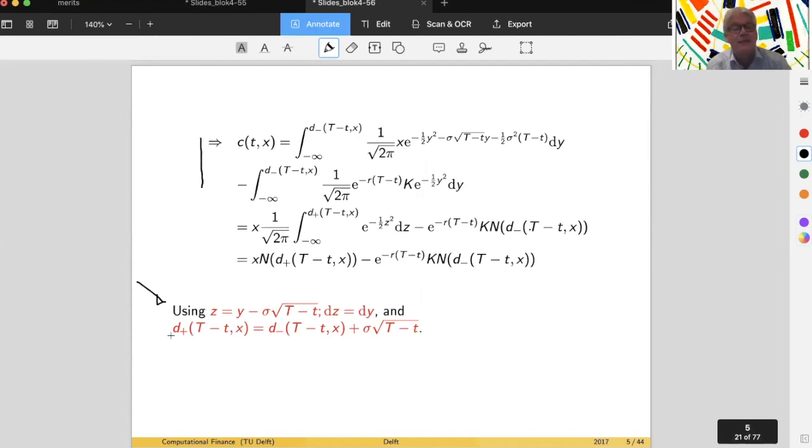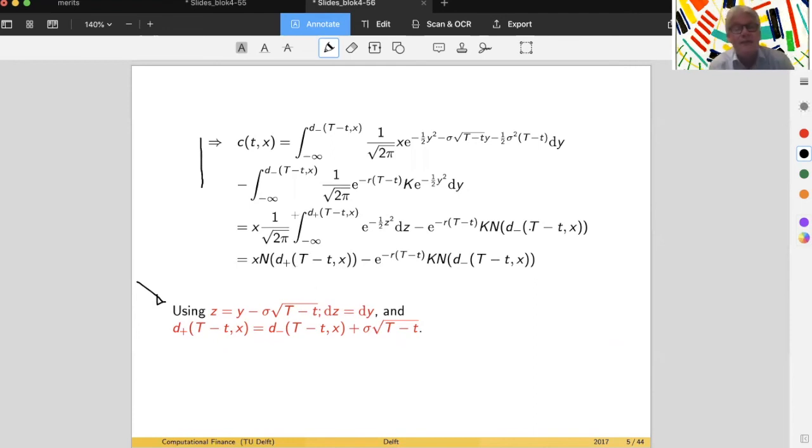As a result, we also deal with a change in integration boundary. We move from y from minus infinity to d minus, to z from minus infinity to d plus, where d plus is equal to d minus plus sigma times the square root of capital T minus t.